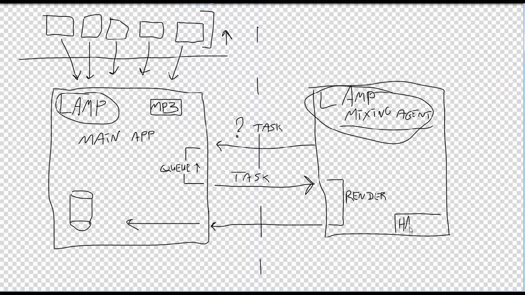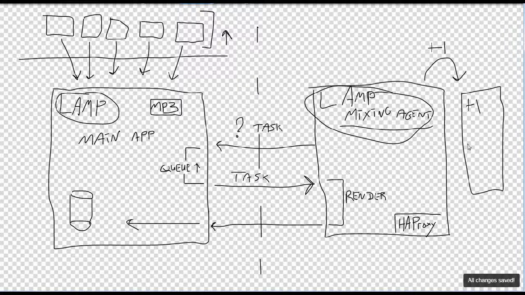The name of such a system is a high availability proxy, and it will look at the number of resources and compare them to the number of tasks, to the weight of the workload, and if necessary it will just create a new instance, so it will kind of multiply, and we have another of those, so then we have two mixing agents.